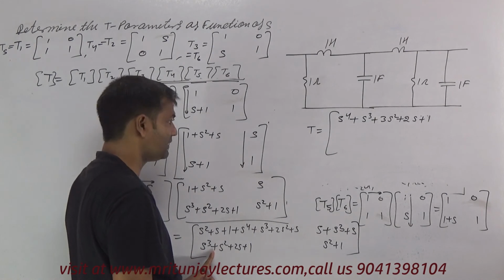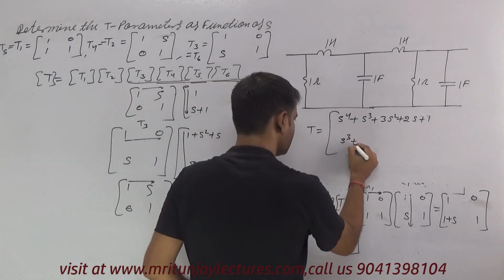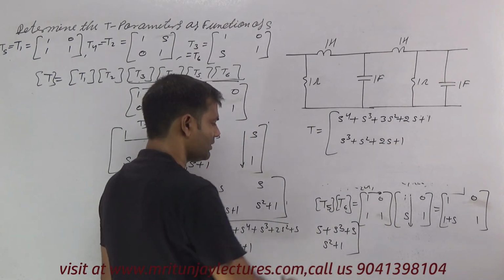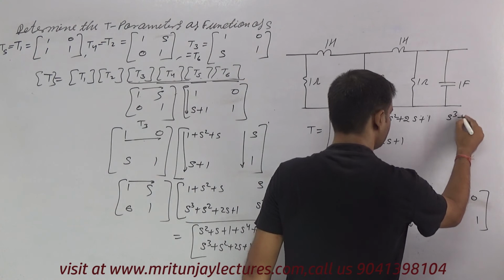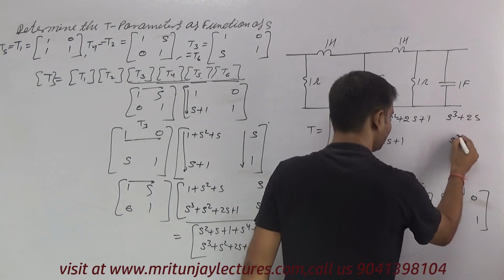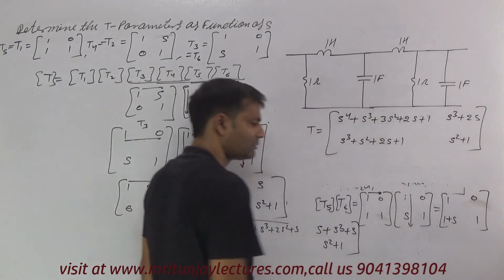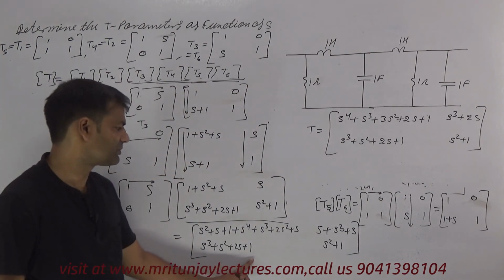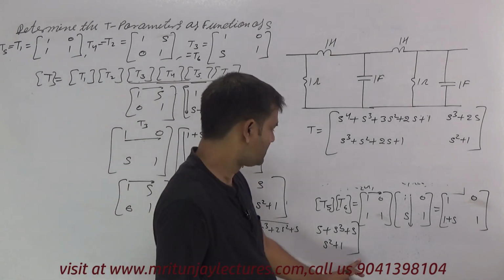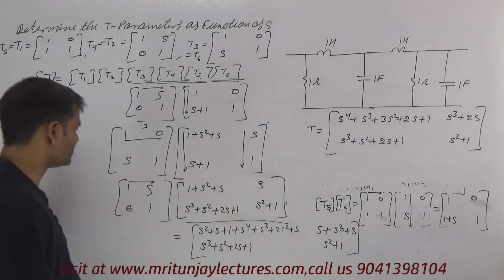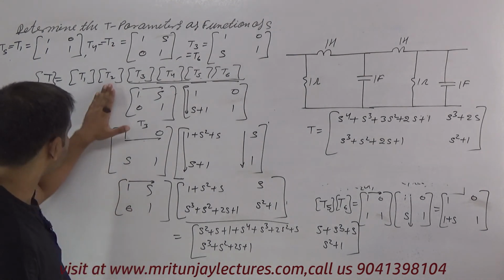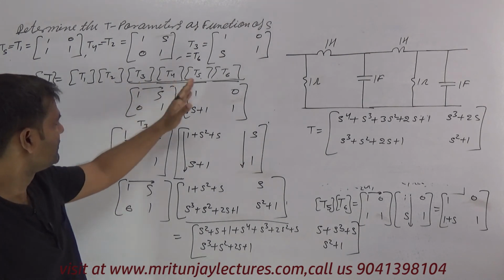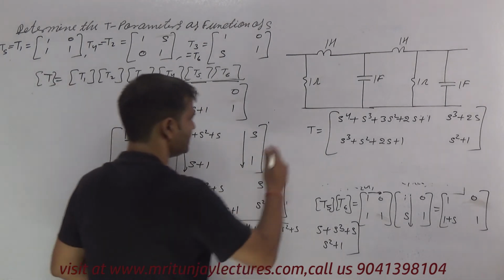Now here S cube plus S square plus 2S plus 1. Now here S cube plus 2S, and here S square plus 1. Now this is the T parameter corresponding to the multiplication of T2, T3, T4, T5, T6. We got it like this.